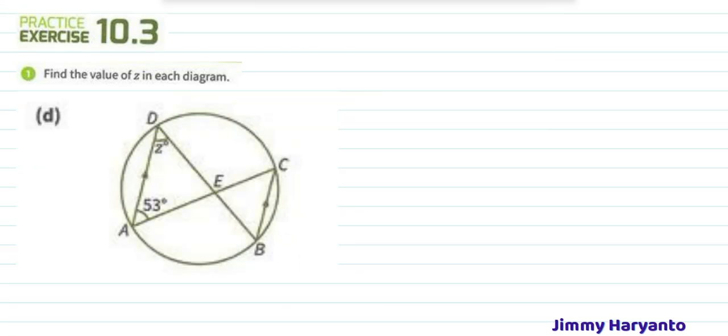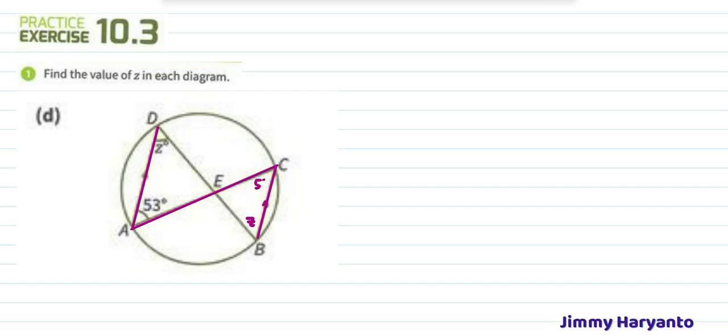Okay, next is this one. So first we have this arrow. That means we can use Z. When you are using Z, you will have Z for this one, and also we have another Z. Another Z will be like this.